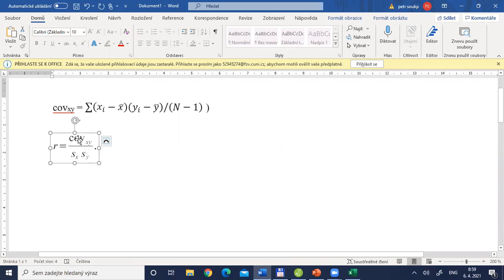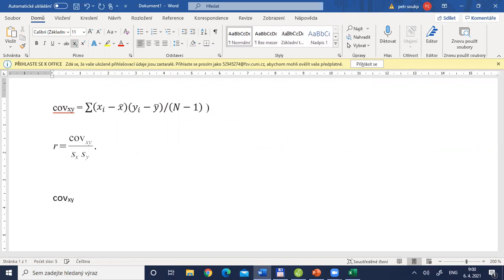So my formula would be, I can maybe type it here: covariance is correlation multiplied by the standard deviation of x multiplied by the standard deviation of y.